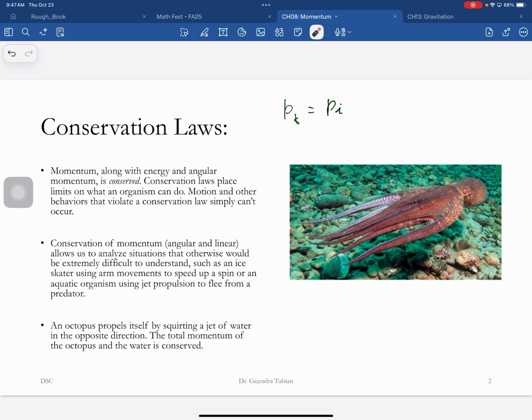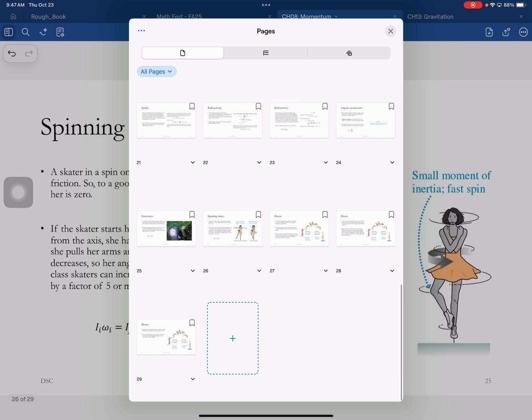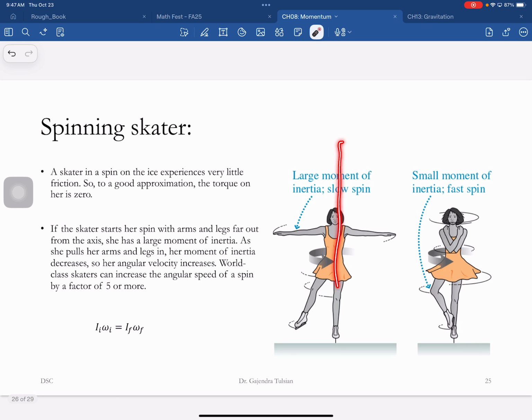So we'll talk about conservation of angular momentum as well. You guys have seen this. Here's an ice skater spinning. And when she brings her arms and legs in, what happens? You guys have seen this on TV. She's spinning and then spins faster. So this is conservation of angular momentum.